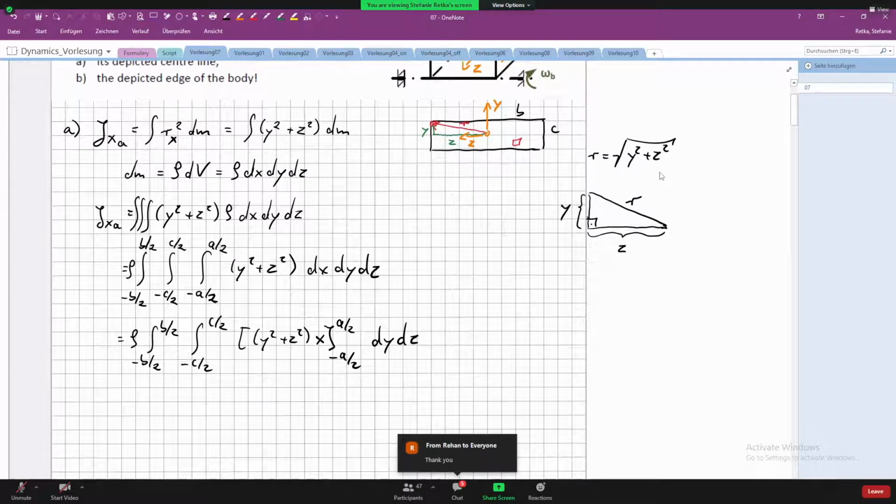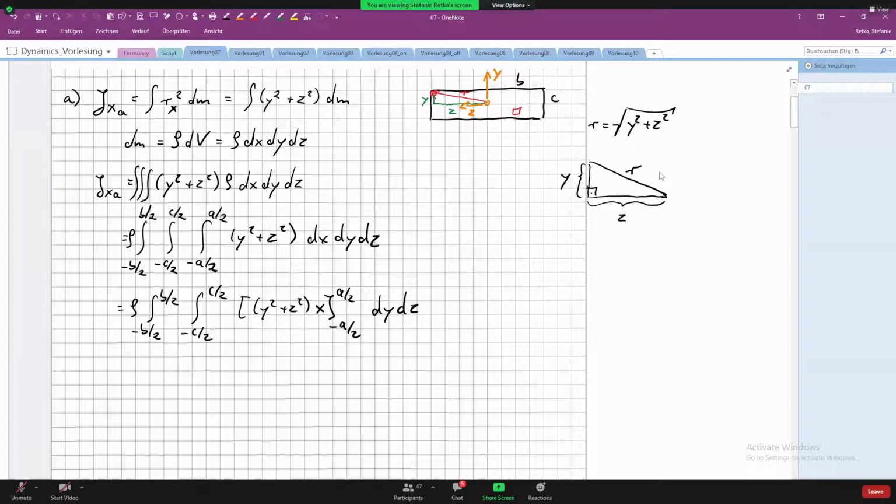Okay, then if we insert our boundary, we obtain a, so it's rho times a, and then minus b over 2 to b over 2. Okay, and then we can integrate over y, our y coordinate.